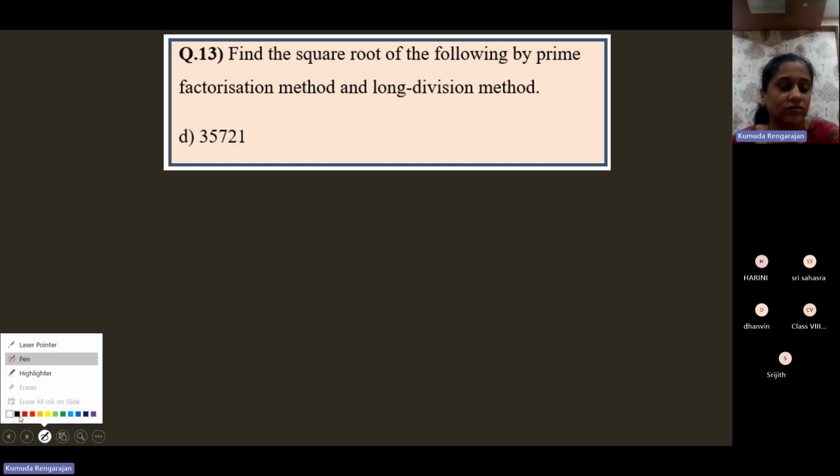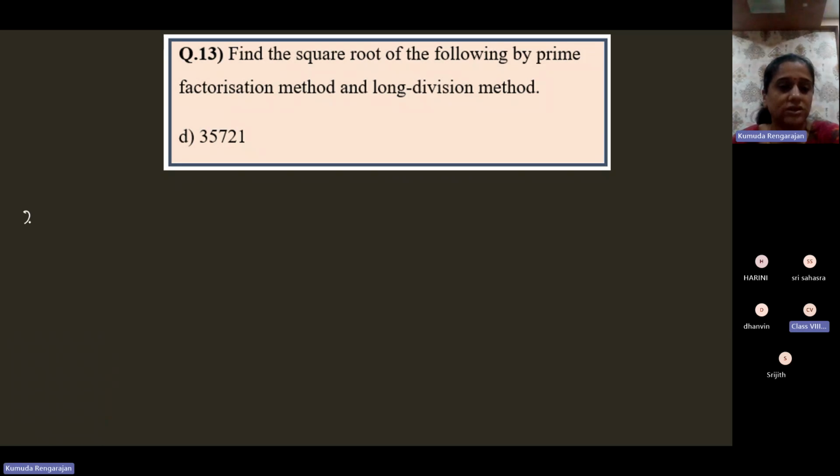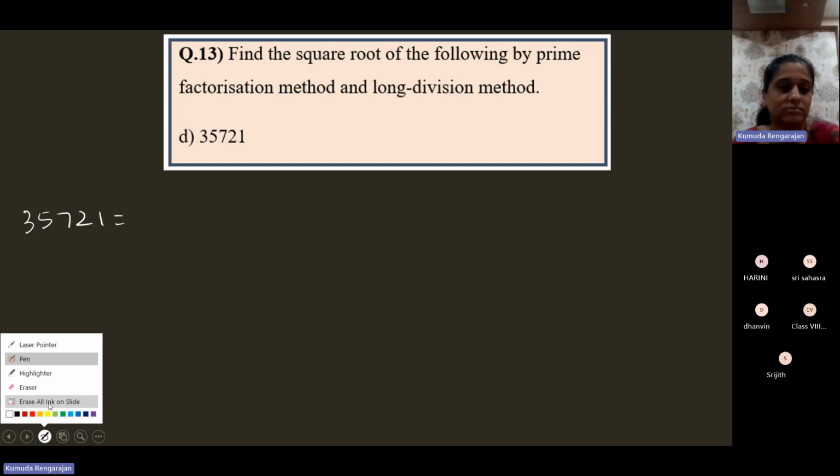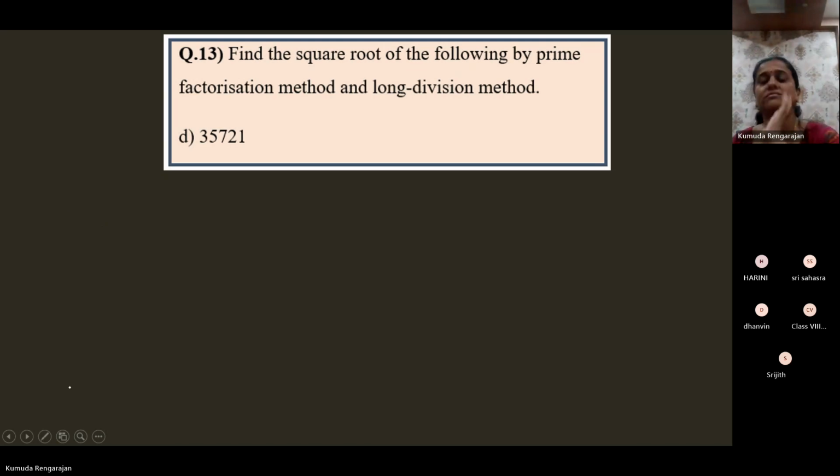Okay. What about the factorization? We are going to do, ma'am. Oh, okay. Harini, please participate. I called out earlier. Have you finished this one, Harini? No, ma'am. I want you to tell me the factorization of 35721.